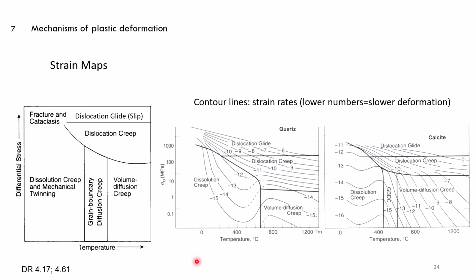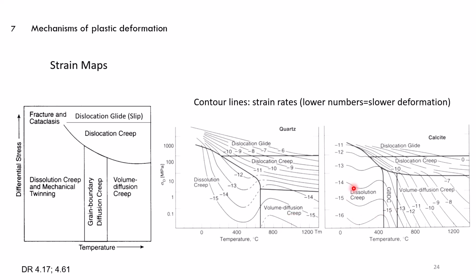You can look up more detail in Davis and Reynolds' textbook, chapter 4. And we see here again at high differential stresses, 100 to 1000 megapascals, dislocation glide becomes possible, taken over by dislocation creep. Volume diffusion creep is shown here at low differential stresses and high temperature. Grain boundary diffusion creep was not observed in these experiments.